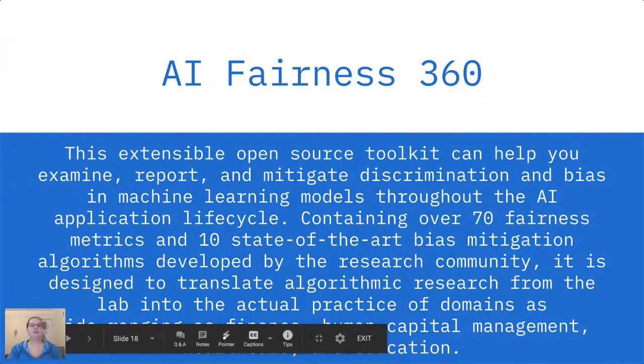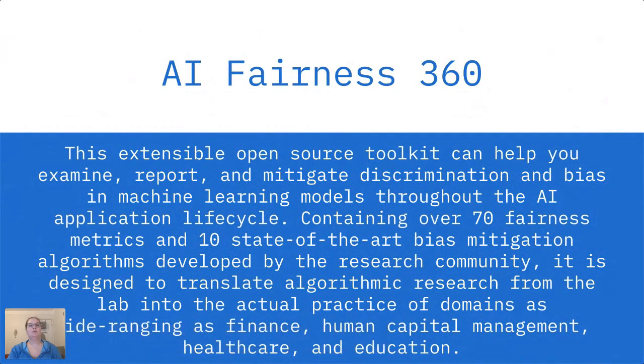So the first toolkit we're going to look at, that we're going to be building with today, is the AI Fairness 360 toolkit. This is an open source toolkit that can help you examine, report, and mitigate discrimination and bias in your machine learning models throughout the application lifecycle. So it contains over 70 fairness metrics and 10 state-of-the-art bias mitigation algorithms that were developed by the research community.